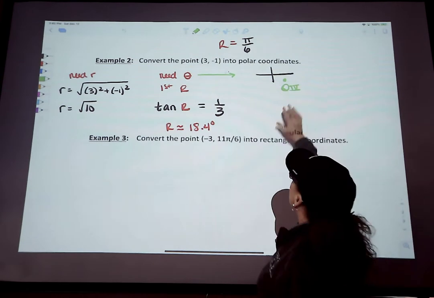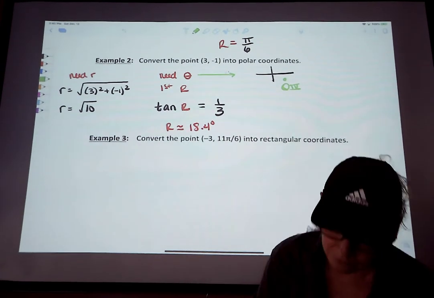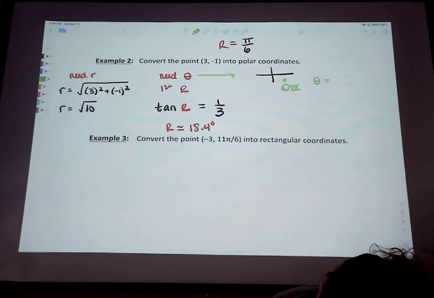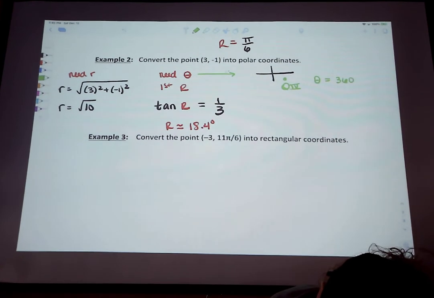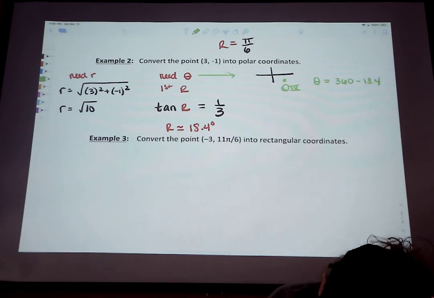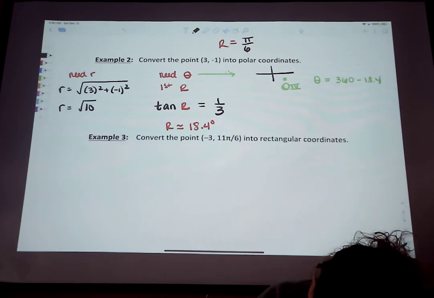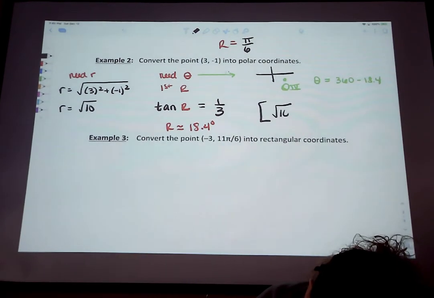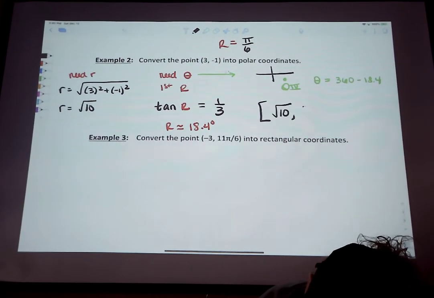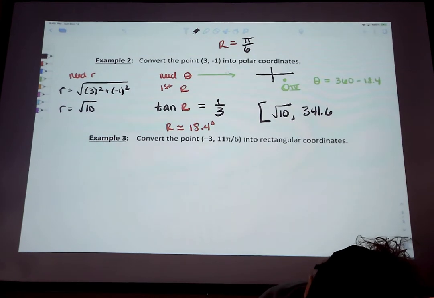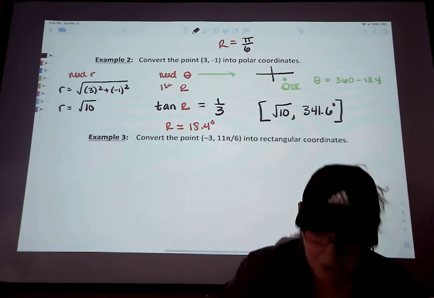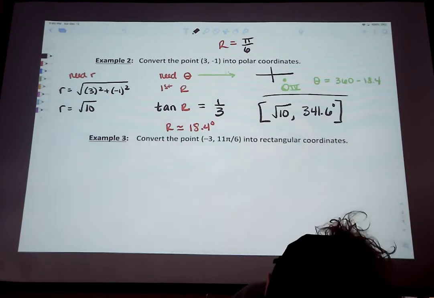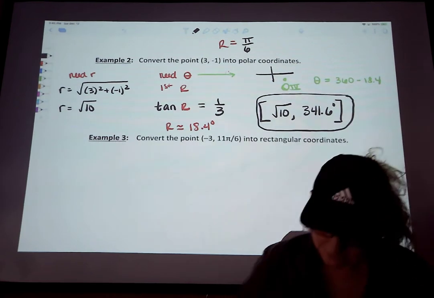And my reference is 18.4. So theta is going to be 360 minus 18.4. There you go. There are my polar coordinates.